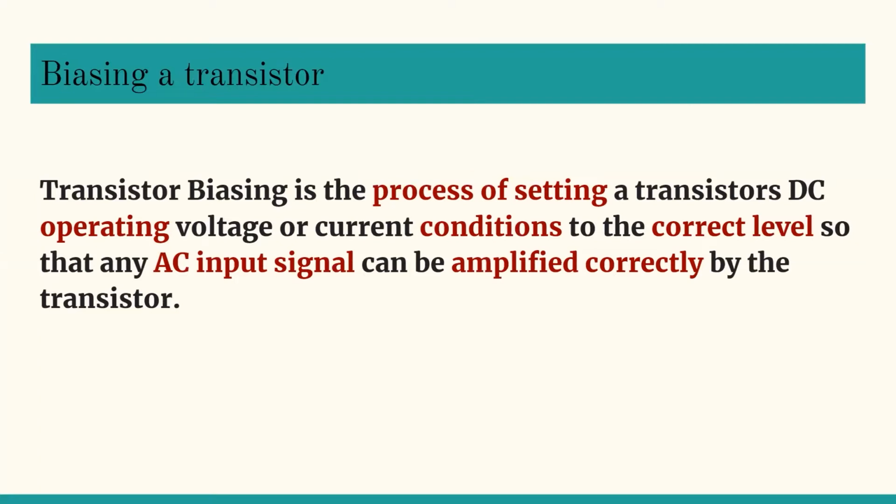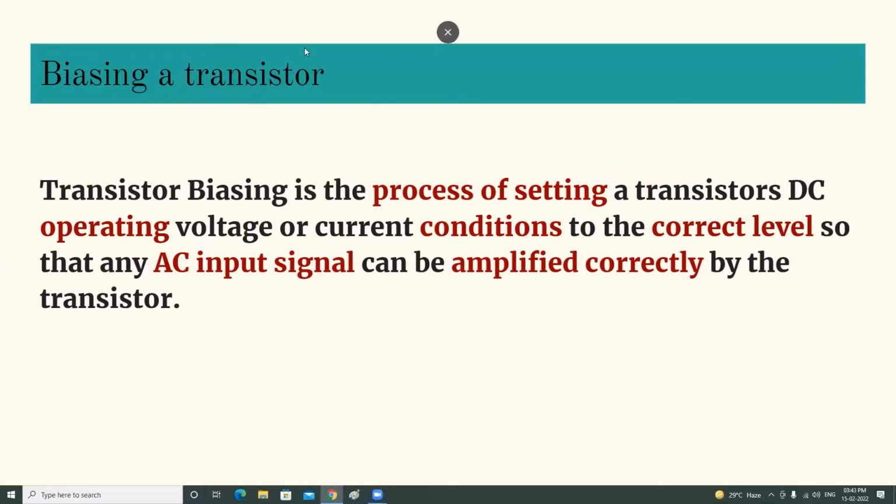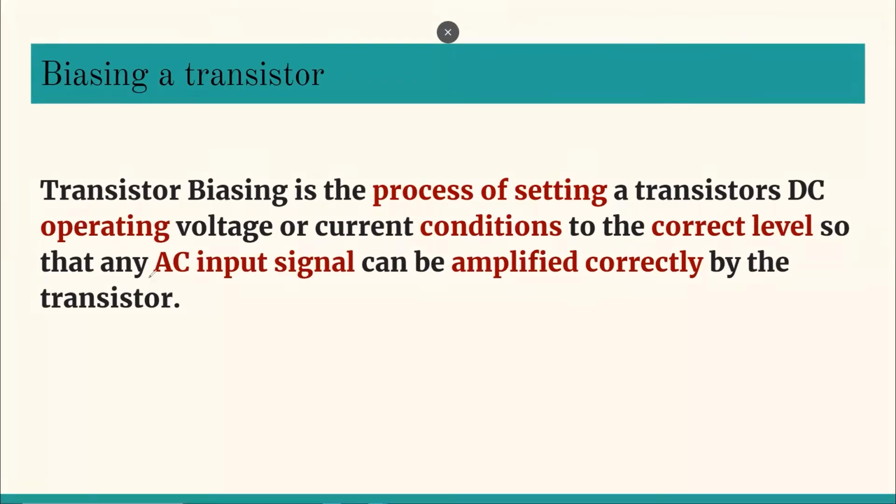Optimum performance is attained when any AC input which is given to the amplifier can be amplified. So that process, its operating condition, last time I had told you what an operating condition is.